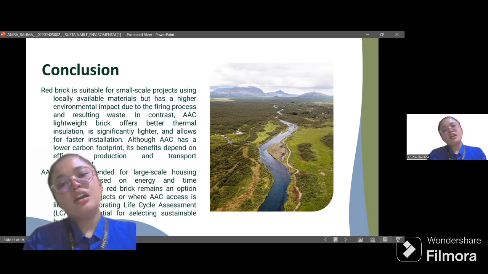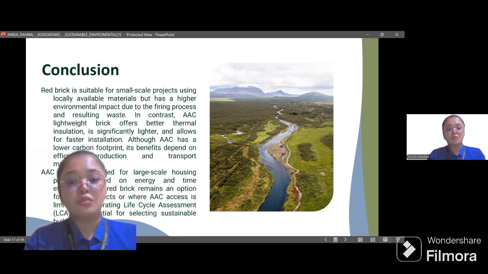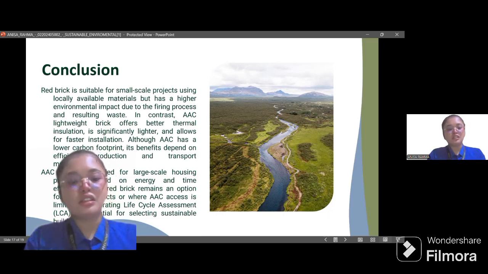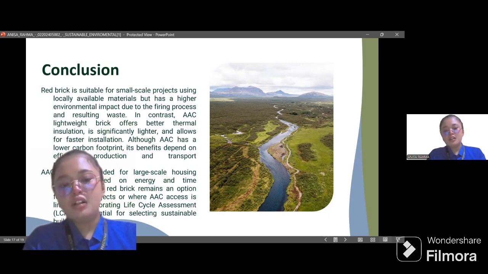Although AAC has a lower carbon footprint, its benefit depends on efficient production and transport management. AAC is recommended for large-scale housing projects focused on energy and time efficiency, while red bricks remain an option for smaller projects or where AAC access is limited. Incorporating LCA is essential for selecting sustainable building material.